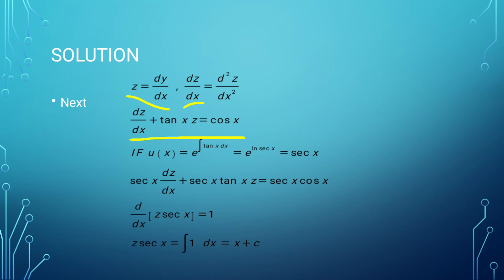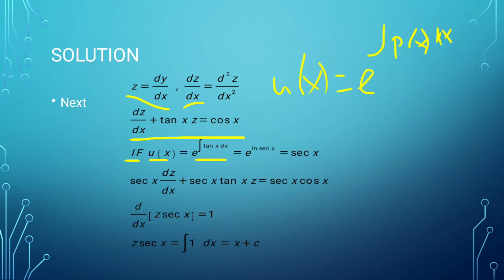In this case, we get what we call the integrating factor, which I'm calling I.F., the integrating factor of exactness. To get the integrating factor u(x), we use the relationship u(x) equals e to the integral of p(x) dx.